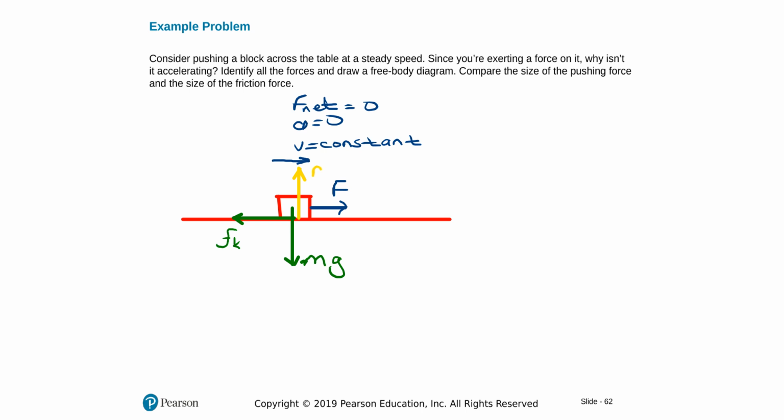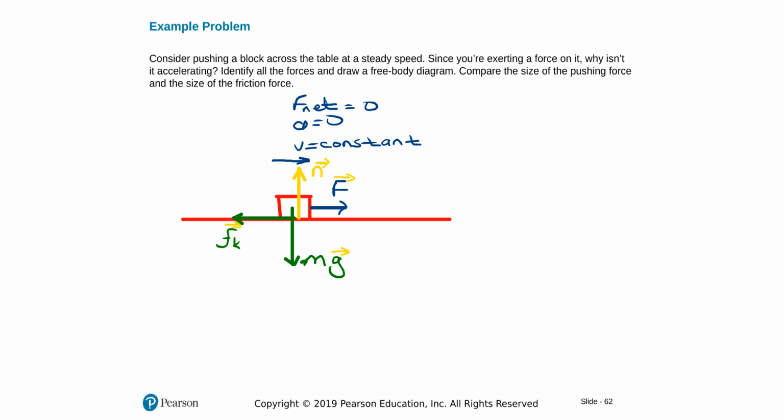So here's my free body diagram. Actually, on the picture, these are all forces. We can put arrows on them, or we can just show directions. We can skip arrows. Even the mg is a vector because g is a vector.